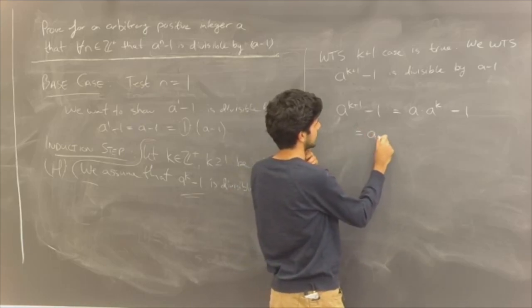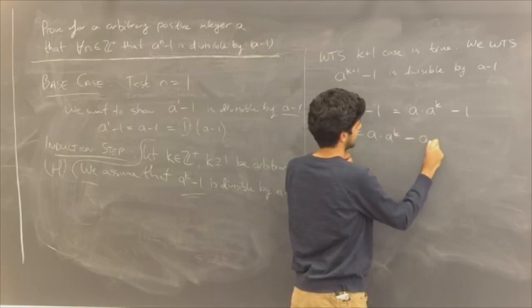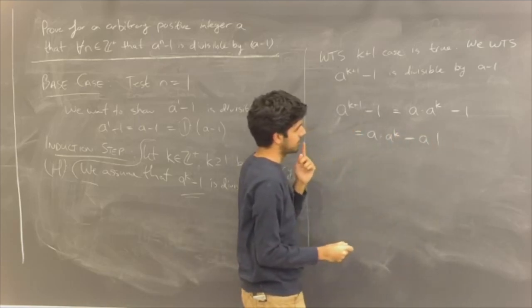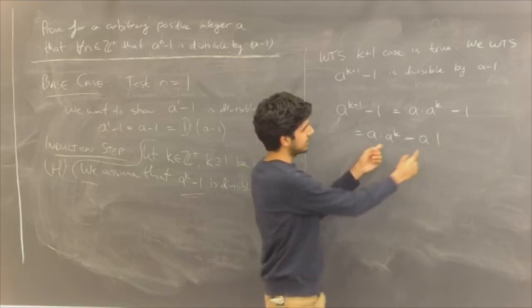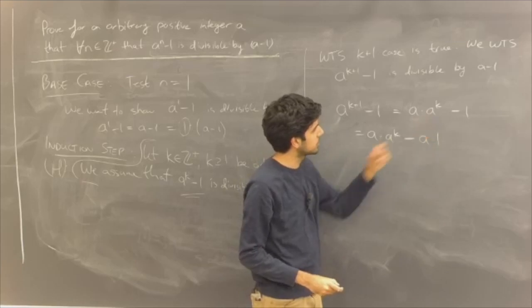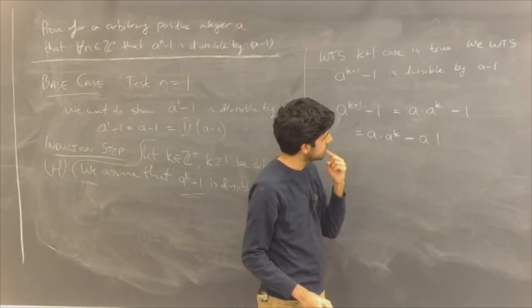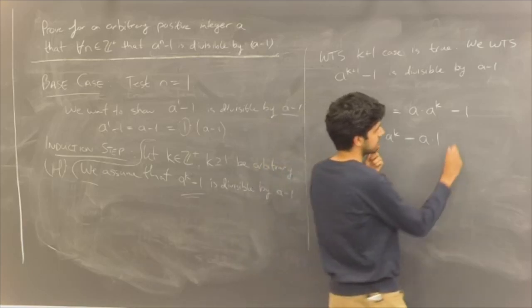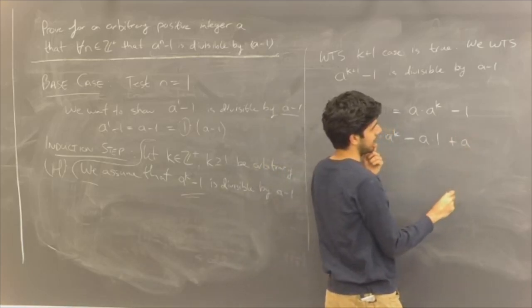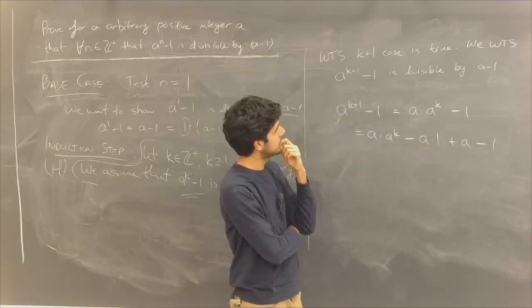What if we literally say we had an a times 1 term, right? Like if we factored out the a, we'd be fine, but we can't do that because those two aren't equivalent. So I've subtracted out a. Why don't I just add back in a and tag along the minus 1 term?